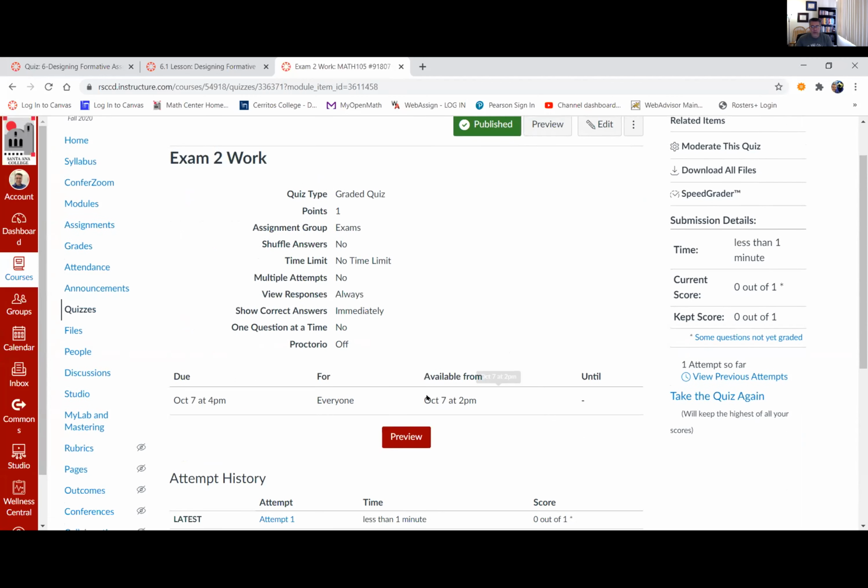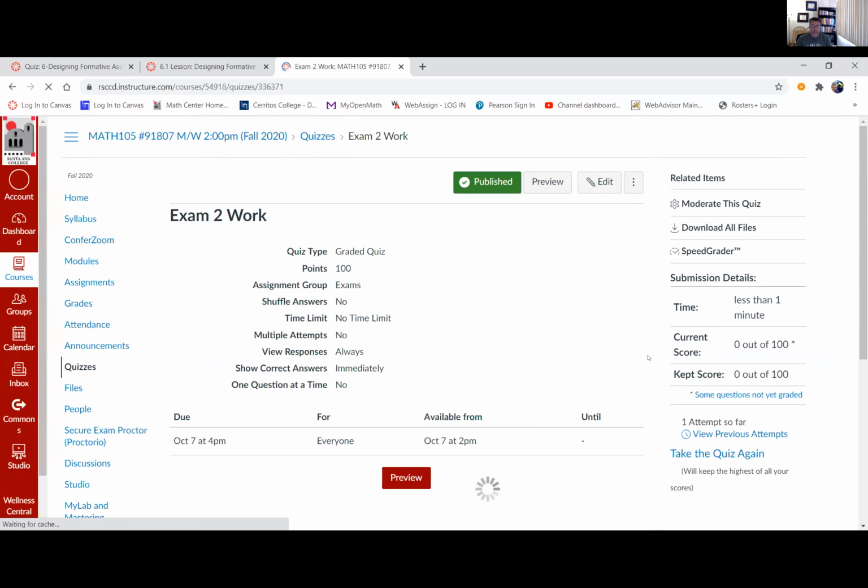This isn't 1 point. This is 100 points. I don't know why it didn't save. Oh, it's because I didn't update it. Let me do that right now. Update question, save.